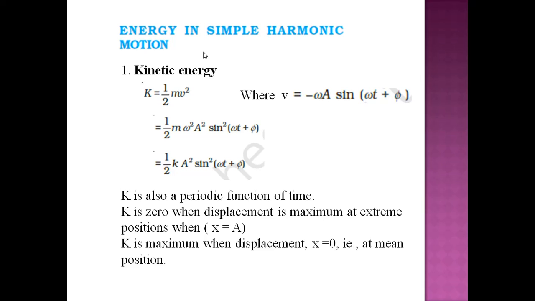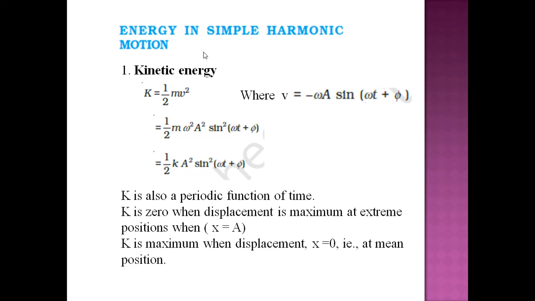When you substitute that, you get kinetic energy equal to half m omega squared a squared sine squared omega t plus phi. And of course, you know m omega squared is the force constant k. So when you make the substitution, you get half k a squared sine squared omega t plus phi.